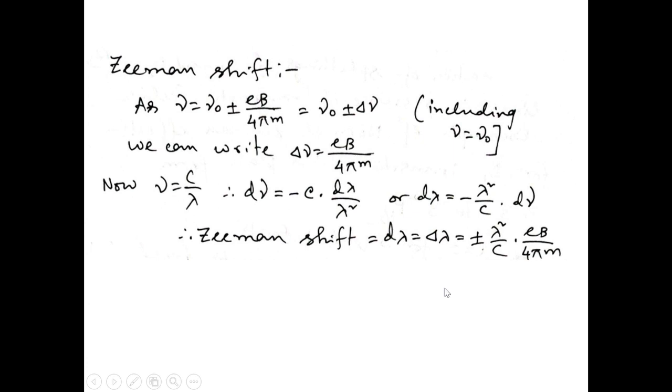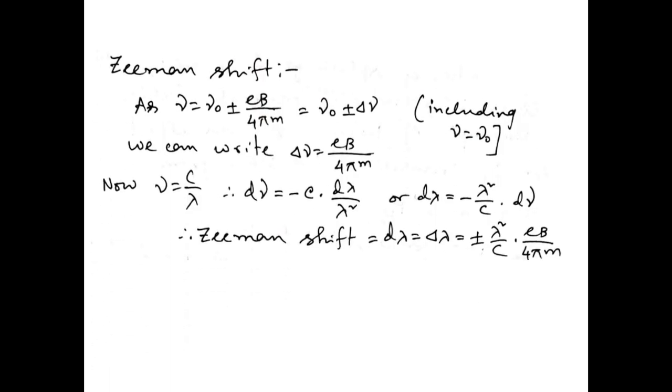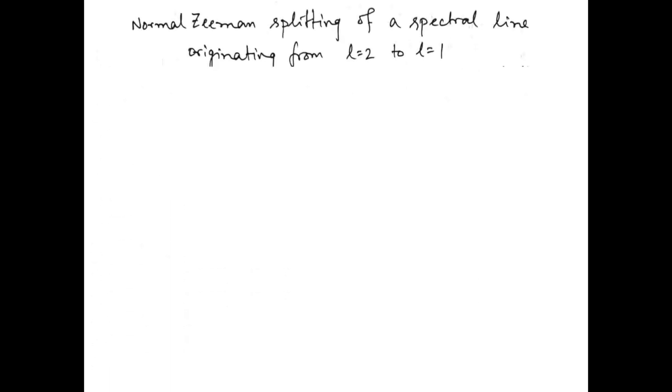So ultimately, what we get here is the normal Zeeman splitting of a spectral line. If we consider another transition like L equal to 2 to L equal to 1, previously we have seen D1 and D2, that is L equal to 0 and L equal to 1. In between the two states, when the magnetic field arises, what is the change?